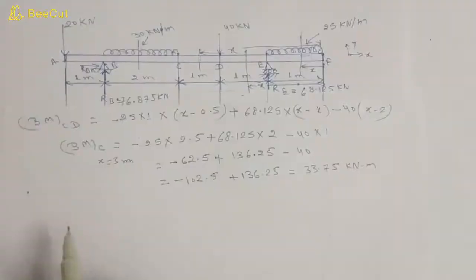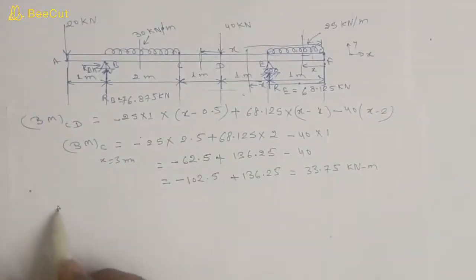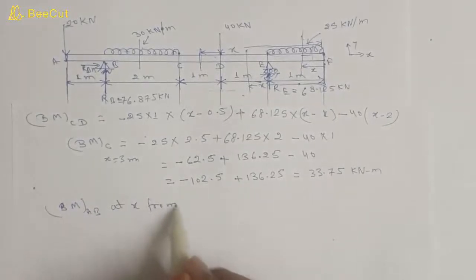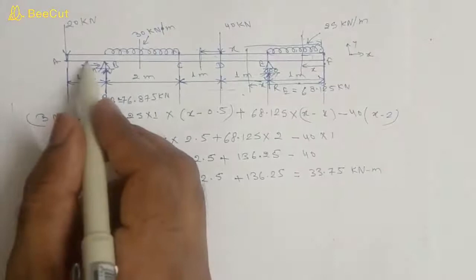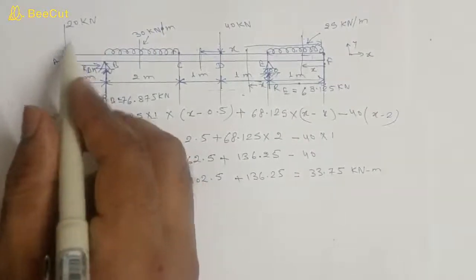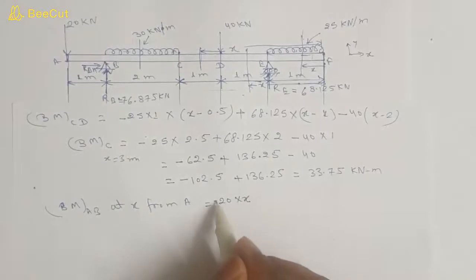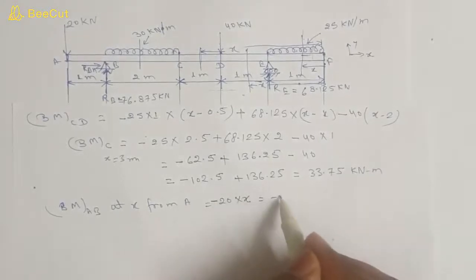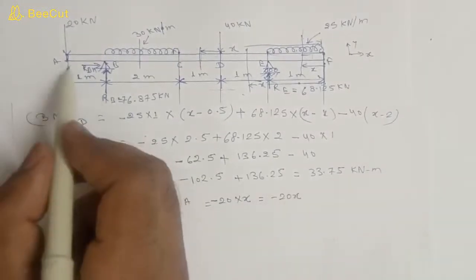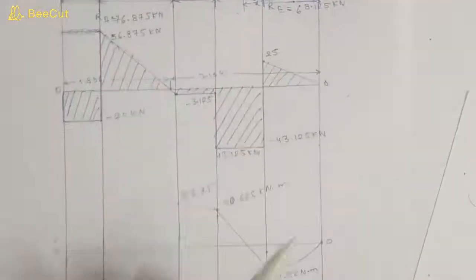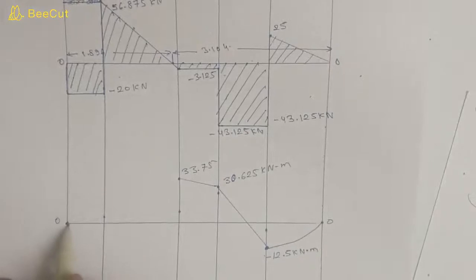In this section AB, bending moment at x distance from A will be 20 into x, and this is hogging, so it will be negative. So minus 20x. So at x is equal to 0, bending moment will be 0. So we will write it here, it is 0.